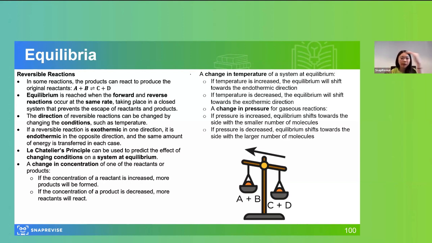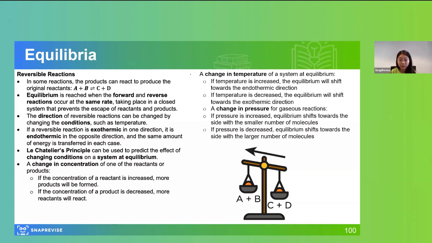So if the forward reaction is a positive number, like 56 joules, and the temperature increases, it's going to go towards the endothermic reaction, meaning the forward reaction. Let me reword that, because that was very wordy. Temperature increases, it goes towards endothermic. Temperature decreases, it goes towards exothermic. To figure out whether something is exothermic or endothermic, either they'll tell you in the question or they will give you the energy. If it's negative, it's exothermic. If it's positive, it's endothermic. So be careful with the question. That's temperature.